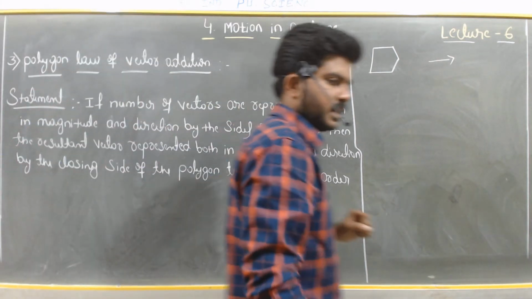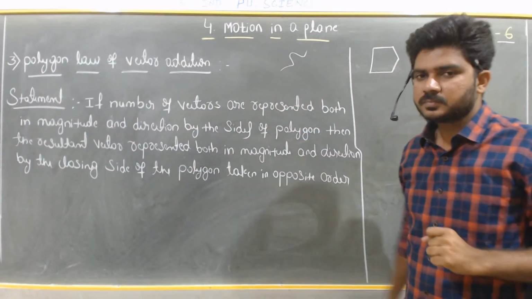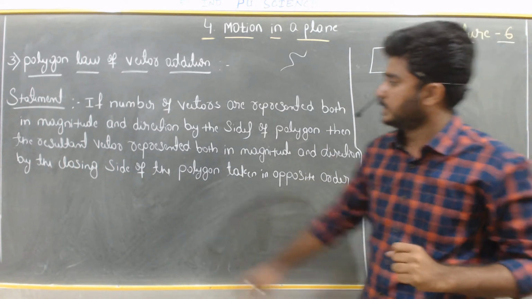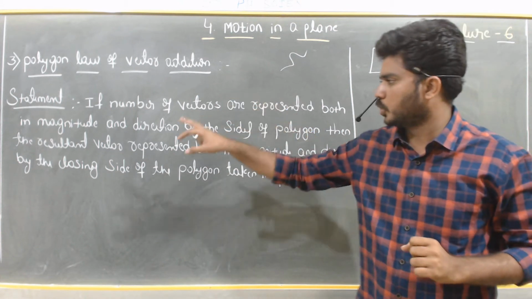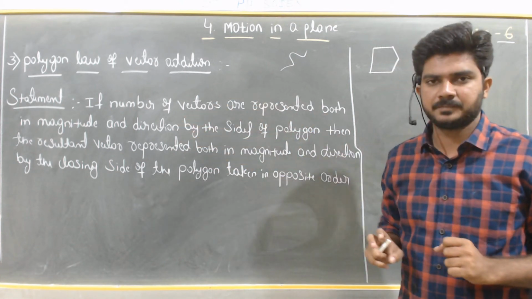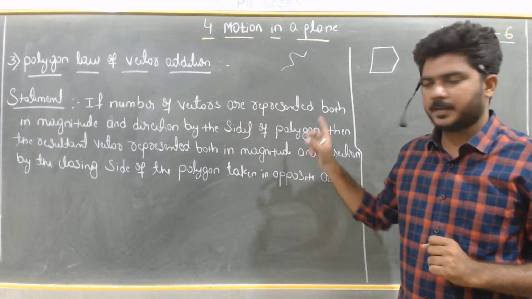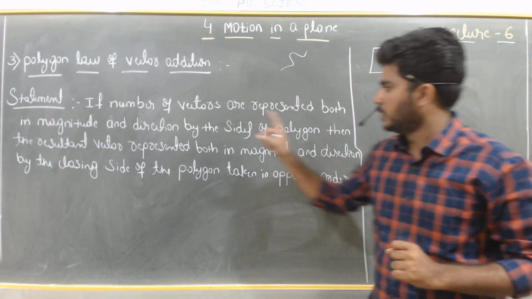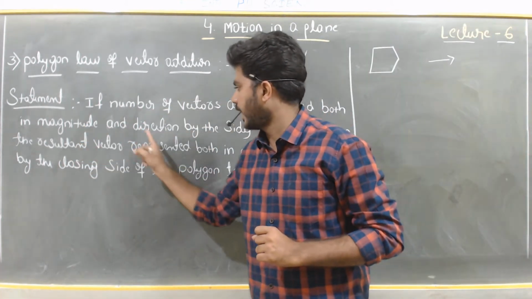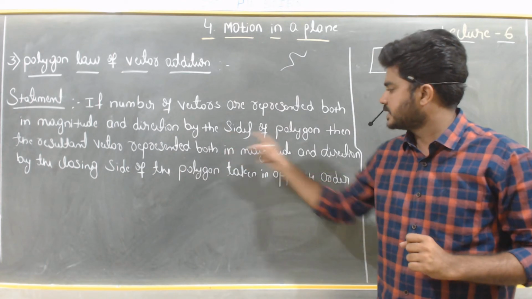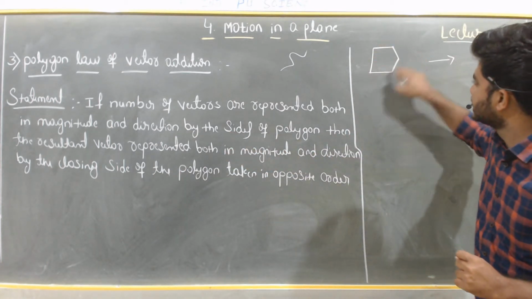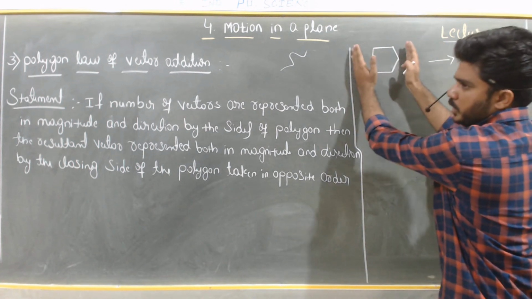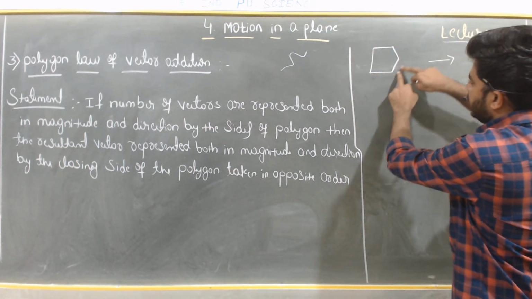See the statement I have already written here. This statement says that if a number of vectors are represented both in magnitude and direction by the sides of a polygon, right? Here these are sides. This structure we call the polygon, and a polygon has many sides.